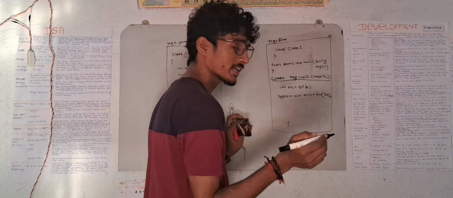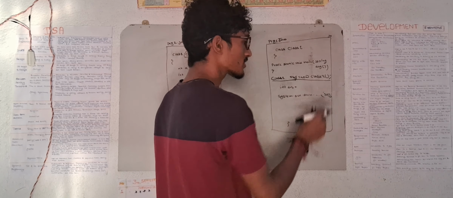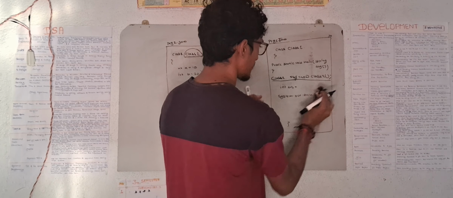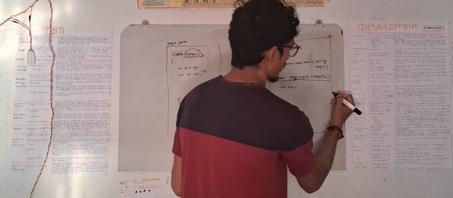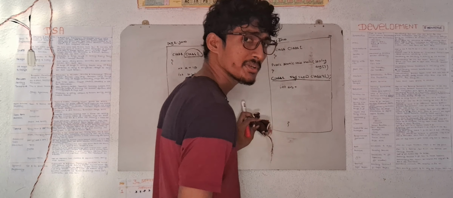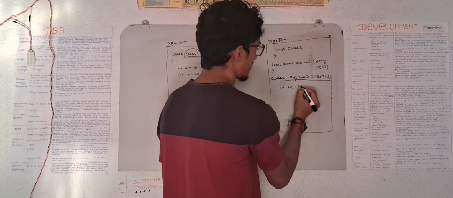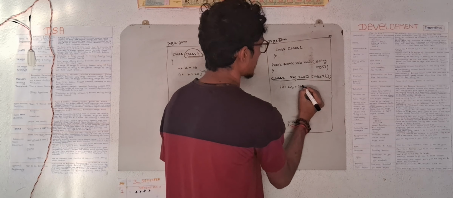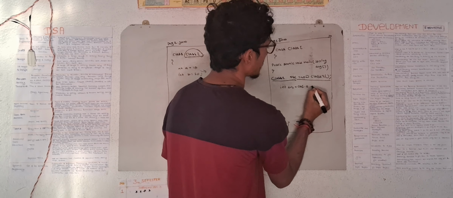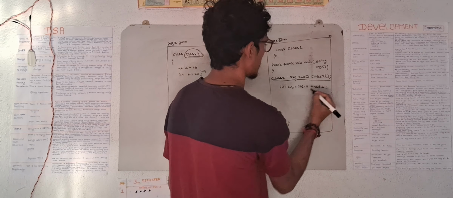So we need to write here not a and b, because a or b will not be accessed directly. For accessing the values of a and b, we have to write them with the object name, means ob1 dot a plus ob1 dot b.